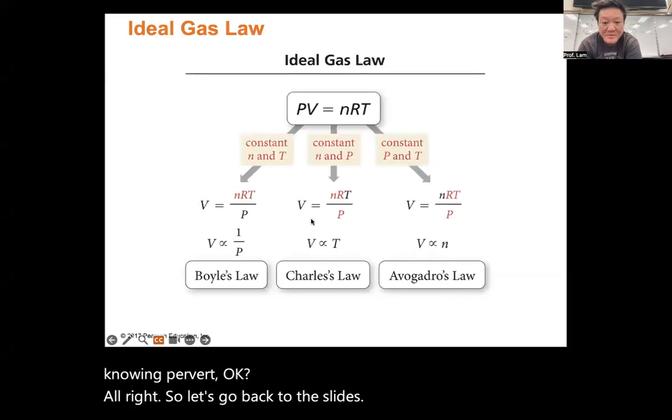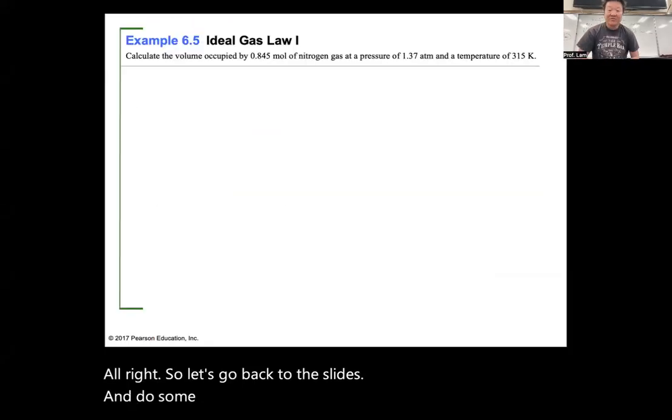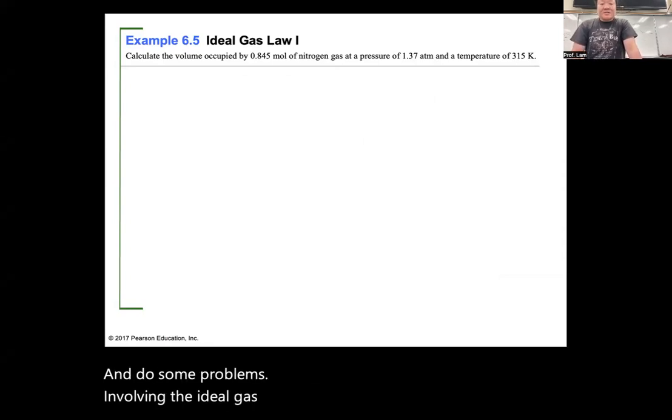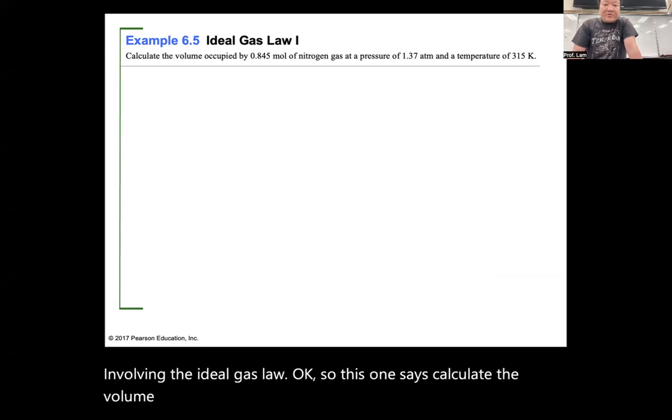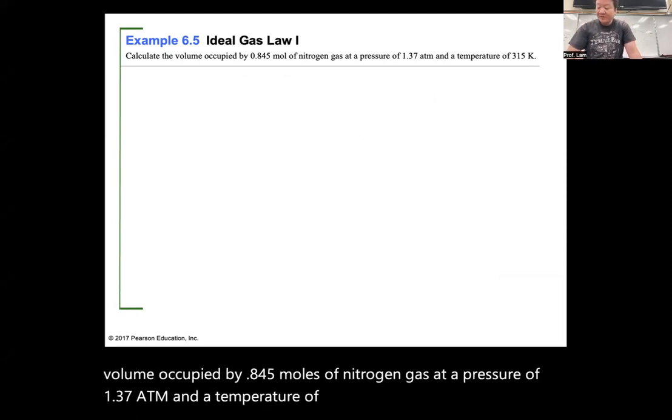and do some problems involving the ideal gas law. Okay, so this one says, calculate the volume occupied by 0.845 moles of nitrogen gas at a pressure of 1.37 atm and a temperature of 315 Kelvin. Okay, so let me write all these down.